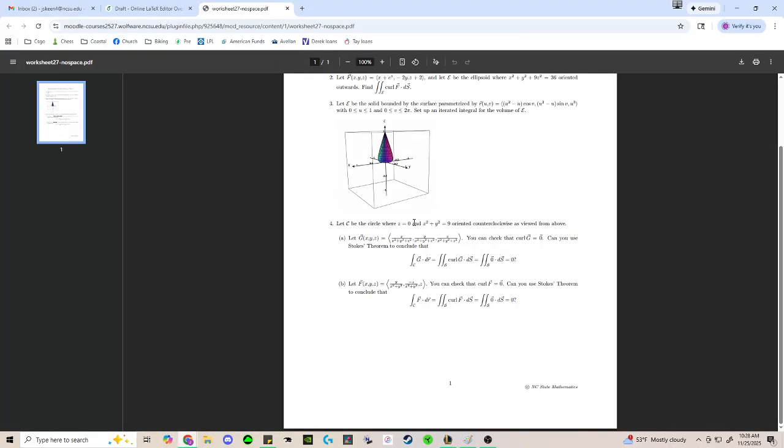I'm trying to think. Okay. Feel free to skip forward in the video if I take too long on this, but I'm trying to figure this out. So we have curl is 0.